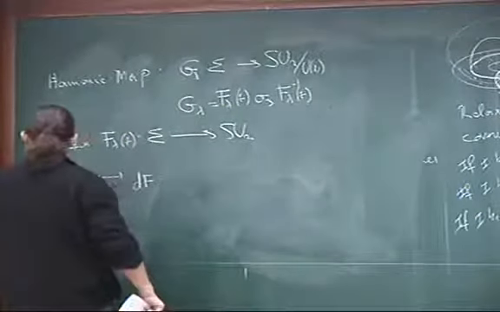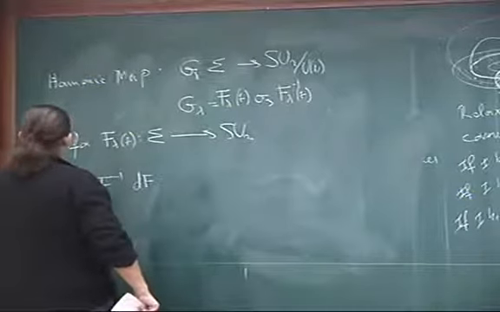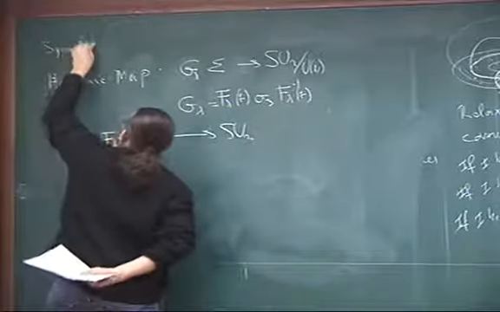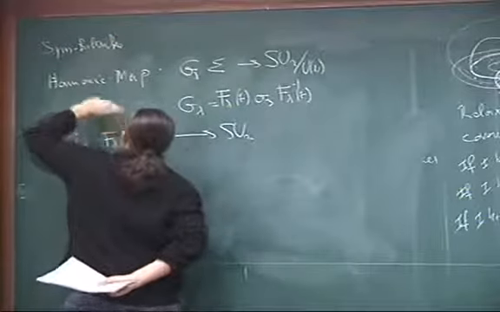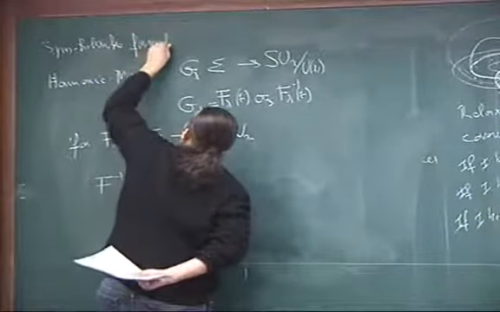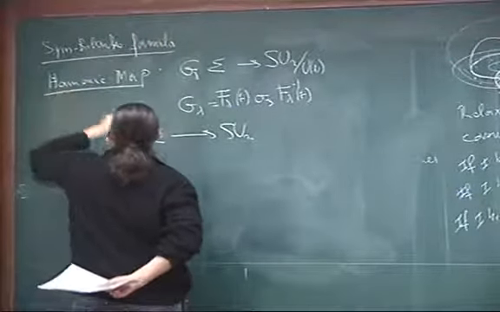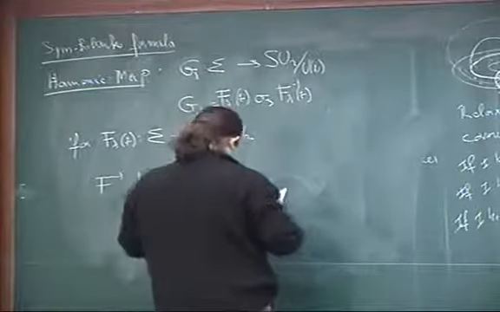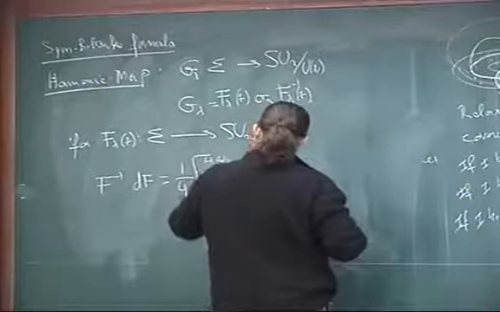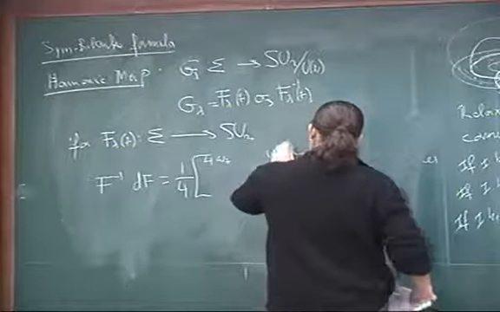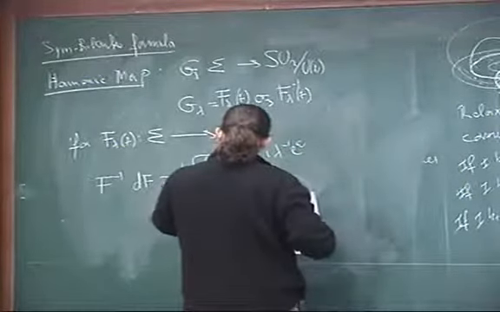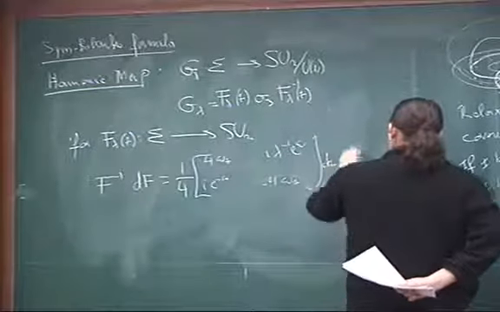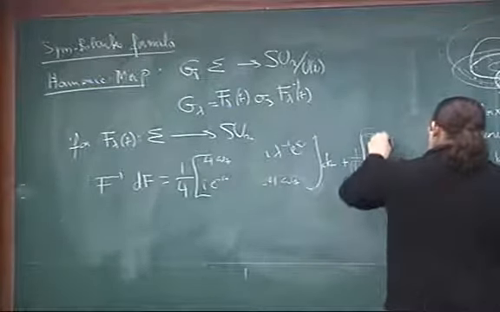Then lemma, Sim-Bobenko formula. It is the Sim-Bobenko formula for harmonic maps, which refers to people who found this representation for harmonic maps. f minus 1 df is solution, f is solution of this equation. Z plus 1 times minus 4.